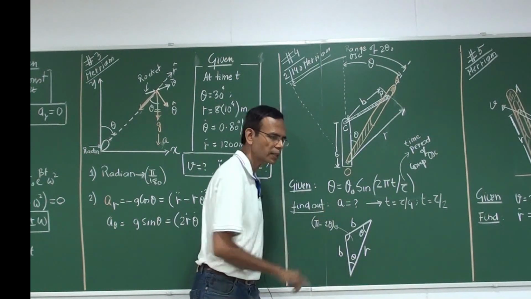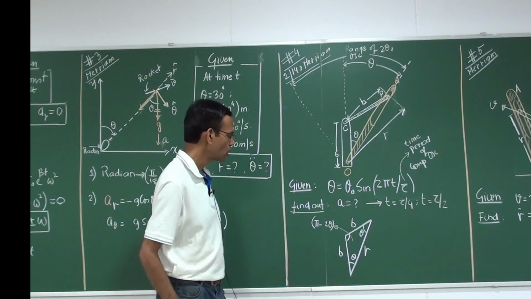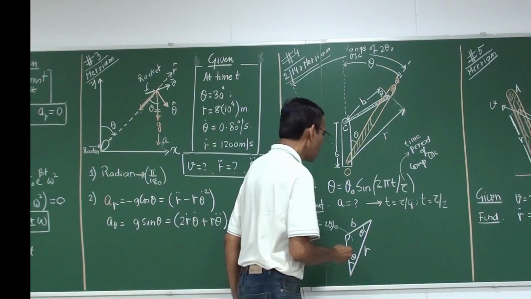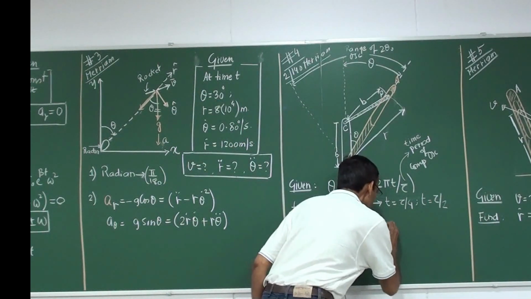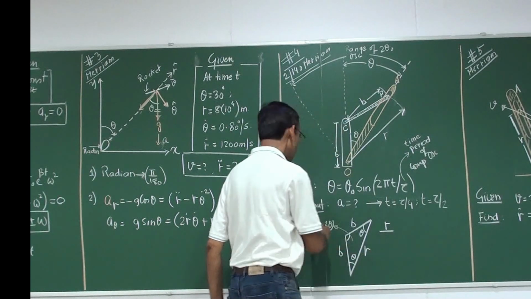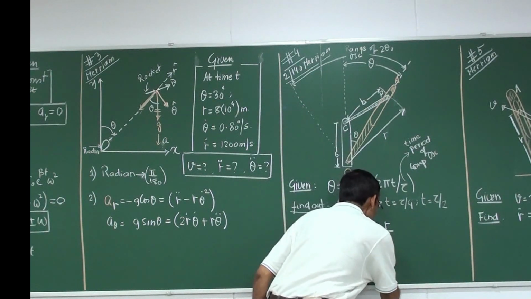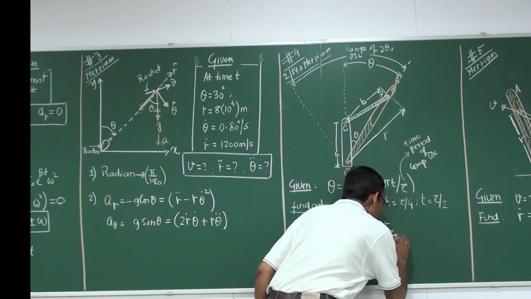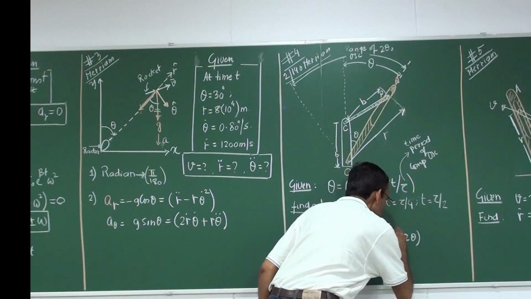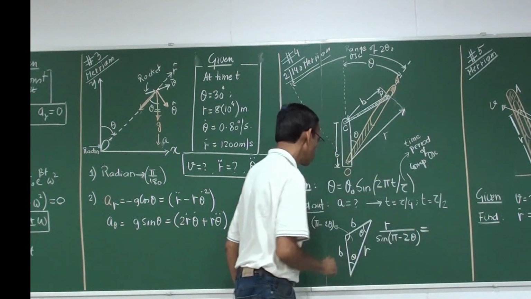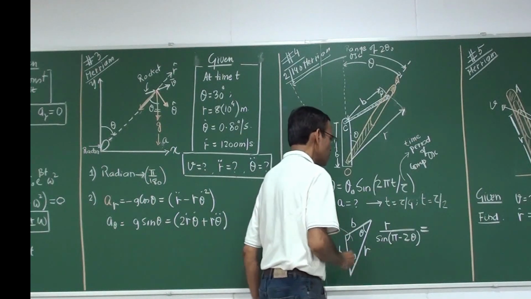Pi is total 180 degrees minus 2 theta. So you can write R by sine of pi minus 2 theta is equal to B by sine theta.